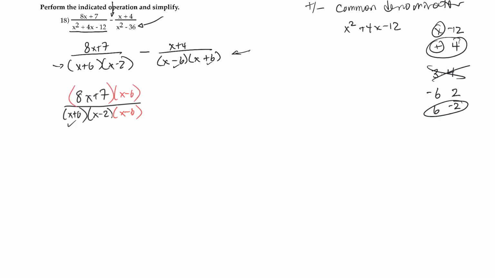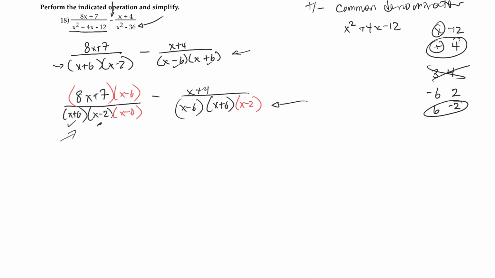But if I put it on the bottom, I also need to put it on the top. Okay, so now let's look at our other one. Minus x plus 4 over (x minus 6)(x plus 6). If I'm looking for that common denominator, what does this term not have that's in my common denominator? It looks like it doesn't have that x minus 2. So I need to include that so both are the same.